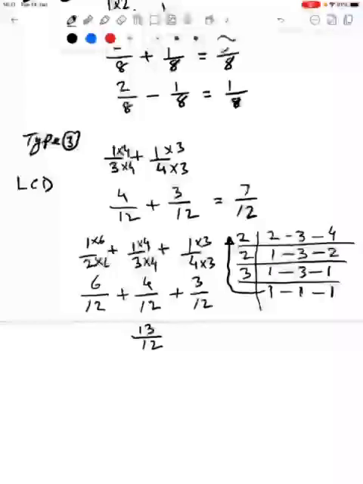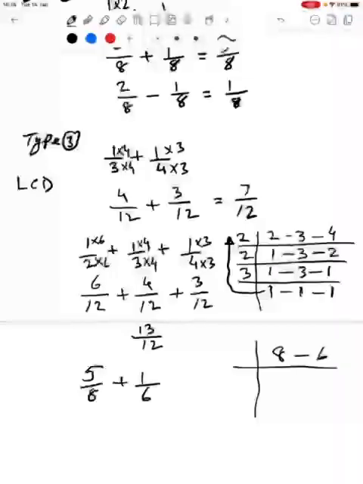5 over 8 plus 1 over 6. Remember, we got to find the LCD for 8 and 6.